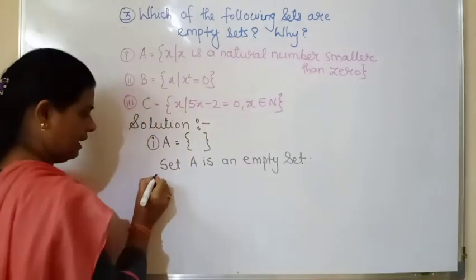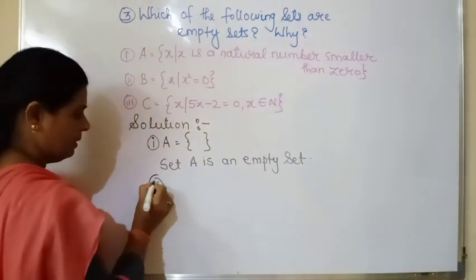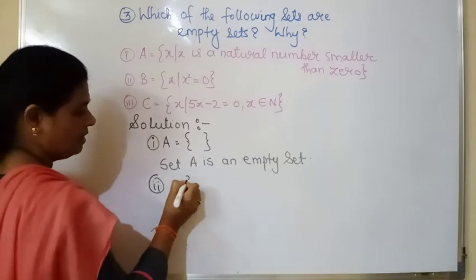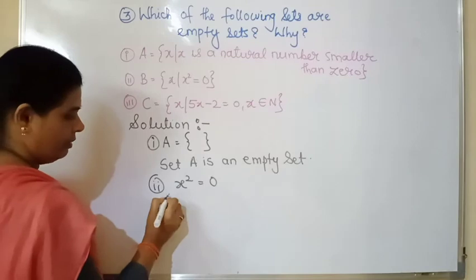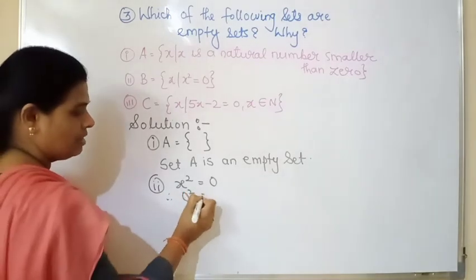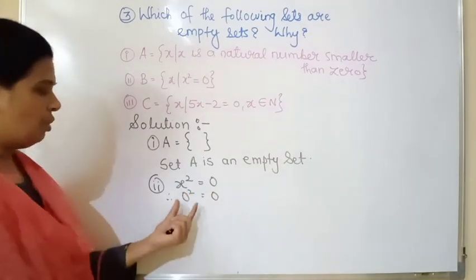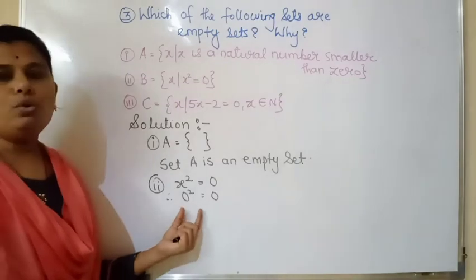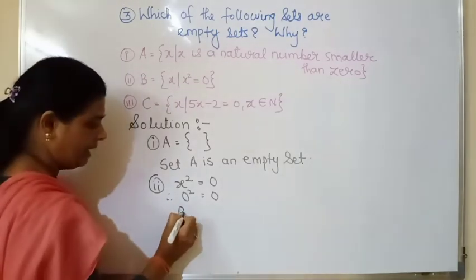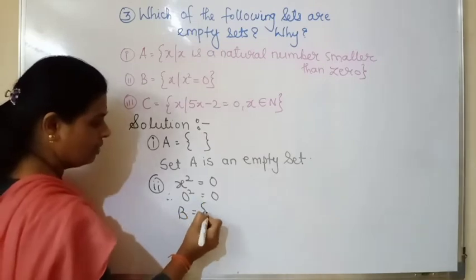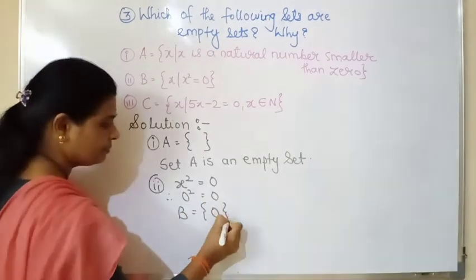So we will write here about set B. What is given here? x square is equal to 0. Therefore 0 square is equal to 0. 0 is such a number whose square is 0. So what will be our set B then? B is equal to {0}.